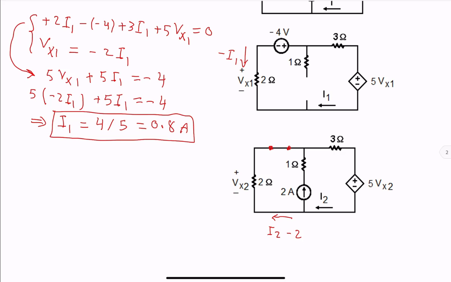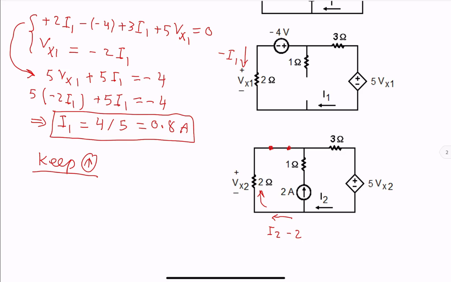Let us apply Kirchhoff's voltage law to the outer loop. So here we're keeping the current source, starting at the lower left corner and going clockwise.